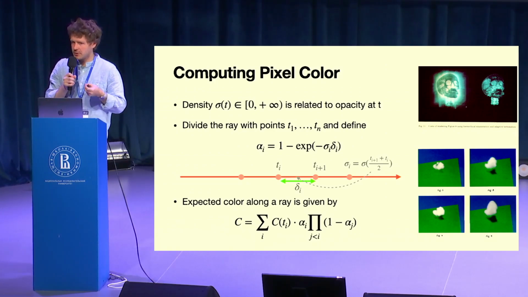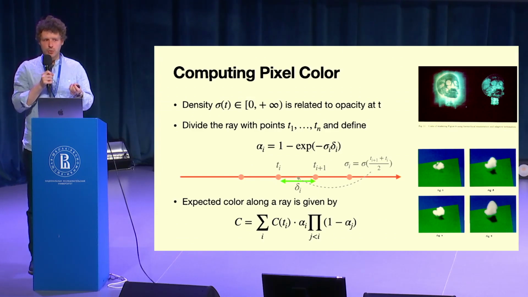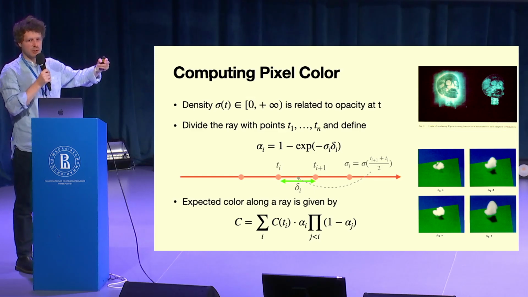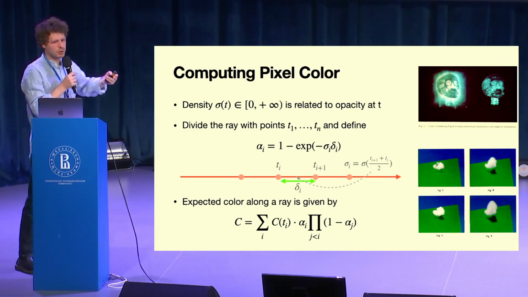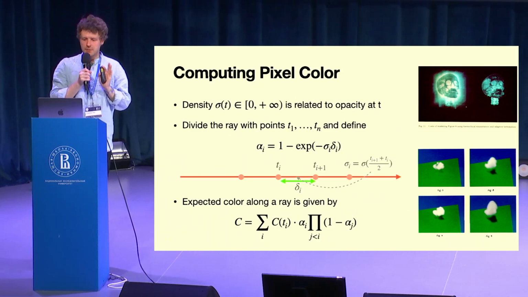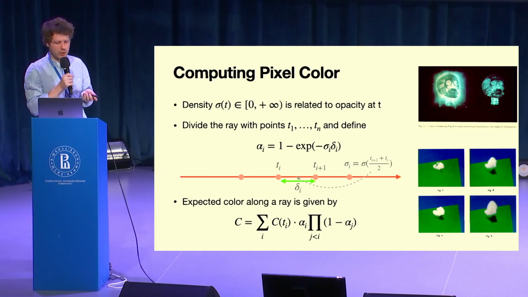This algorithm is called alpha compositing, and alpha is a letter which I deliberately chose to represent the opacity channel, which is usually the fourth channel on our image. Okay, so this algorithm is pretty classic. It is used in MRIs, in Photoshop.